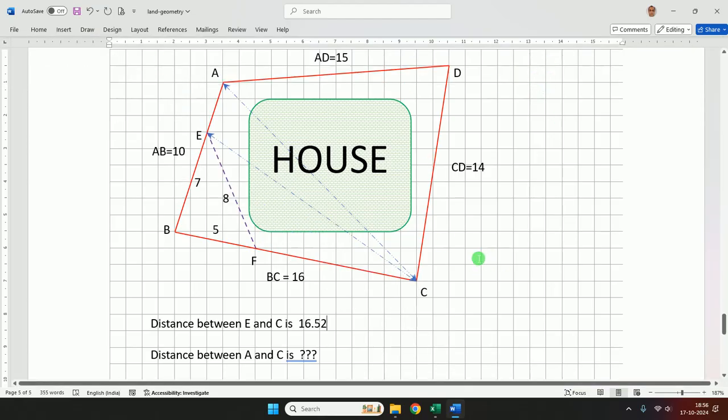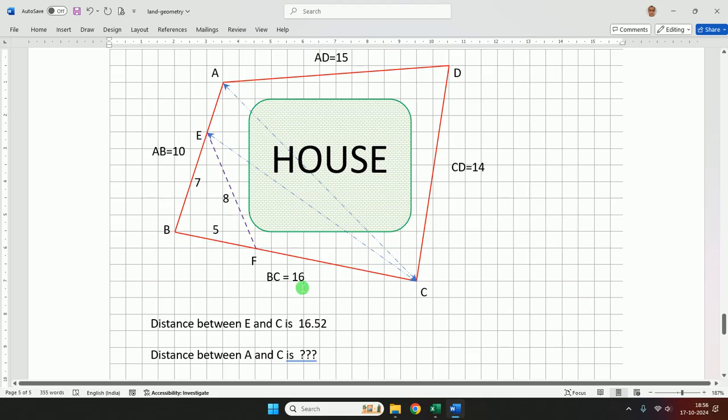Okay, and now we consider EBC, and now this we have to measure. So A is extended, so this is now our C. C becomes now 7 and opposite side is this.